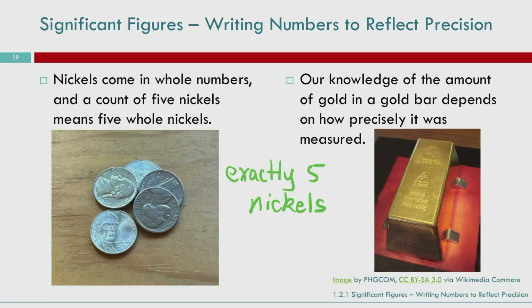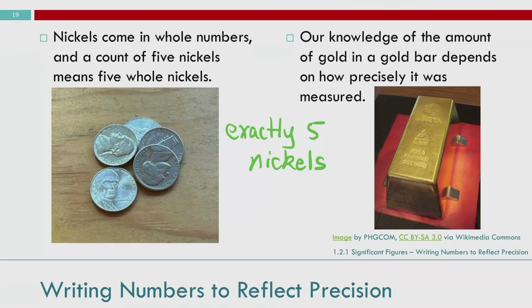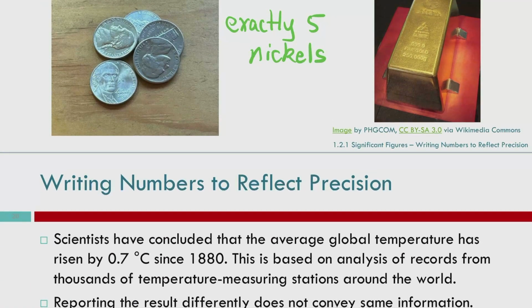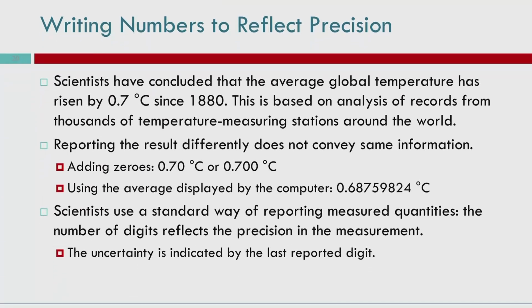The amount of gold that's in there depends on how good the measurement was, and it was a really good measurement. Another example of measurements. This is data from a couple years ago. Scientists concluded that the average global temperature has risen by 0.7 degrees Celsius since 1880.